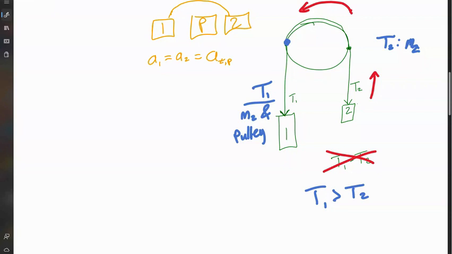But with the pulley, it's rotating, which means that for the pulley we care more about alpha than we do about A. But we can relate the A here and the alpha up there, because we know those two things have to correspond to each other, so we can get a little more information.